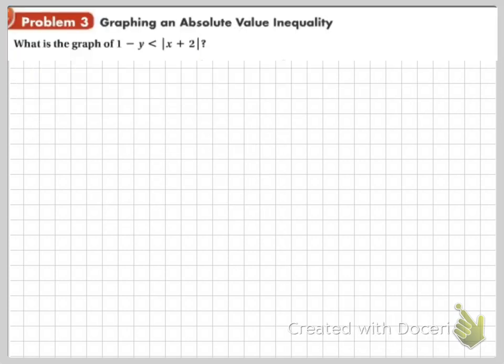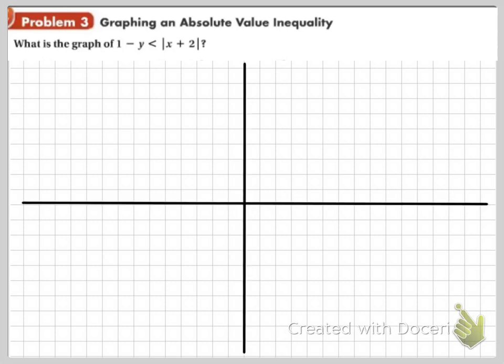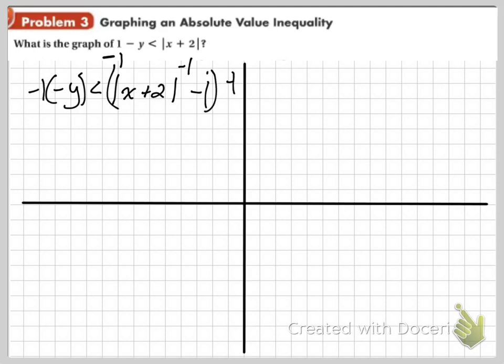Now, going off what we learned yesterday, let's talk about absolute values. Well, first things first, let's subtract 1. So I end up with negative y less than the absolute value of x plus 2 minus 1. Now we still have to get the y by itself, so multiply the whole thing by negative 1, and this whole side by negative 1.